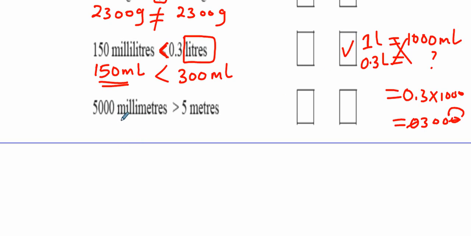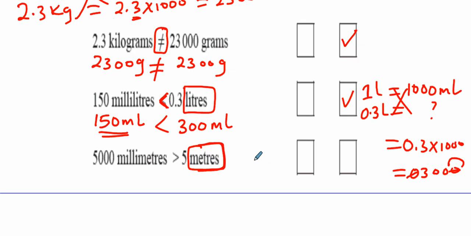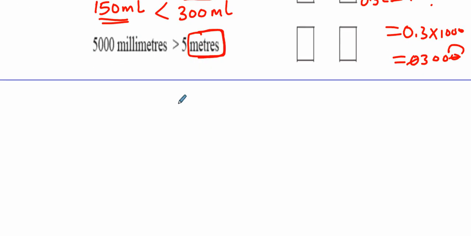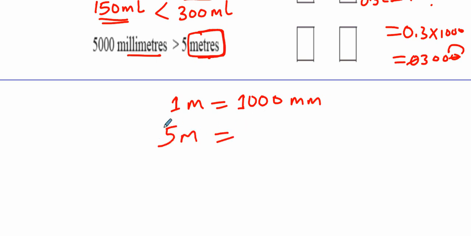Okay, we have millimeters and meters. So I would suggest changing the bigger unit into the smaller unit. I love changing bigger units into smaller units. So the conversion factor: 1 meter equals 1,000 millimeters. How about 5 meters? You multiply by 1,000, and this is 5,000.